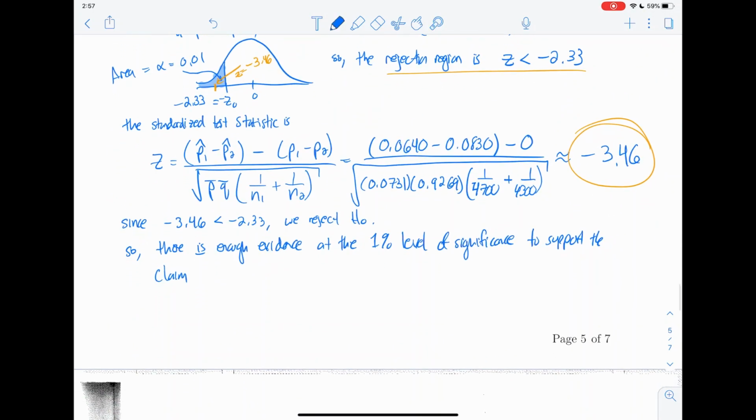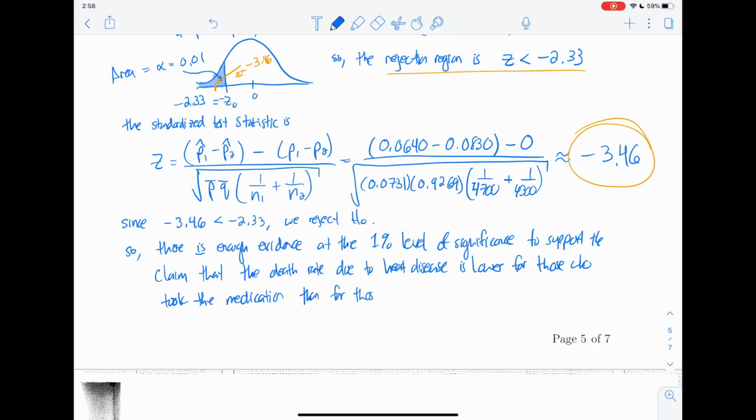So we've gathered enough evidence to support the claim that the death rate due to heart disease is lower for those who took the medication than for those who took the placebo.